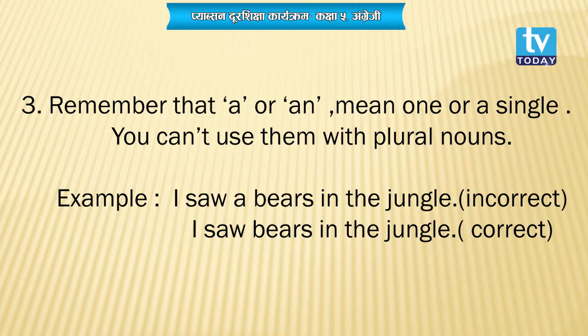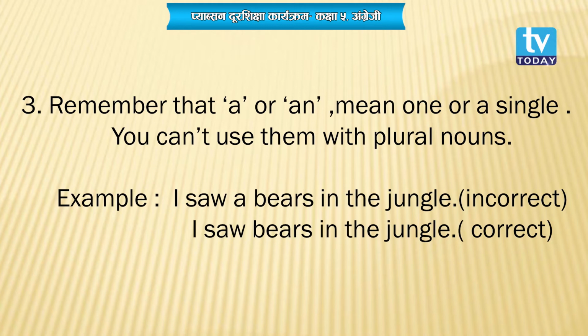Remember that a or an means one or single. You cannot use a or an with plural nouns. Singular is one, plural is many, or two or more than two. So with plural nouns, we cannot use the article a or an. But sometimes the can be used in case of necessity. That will also be talked about later on. You can check the example there.